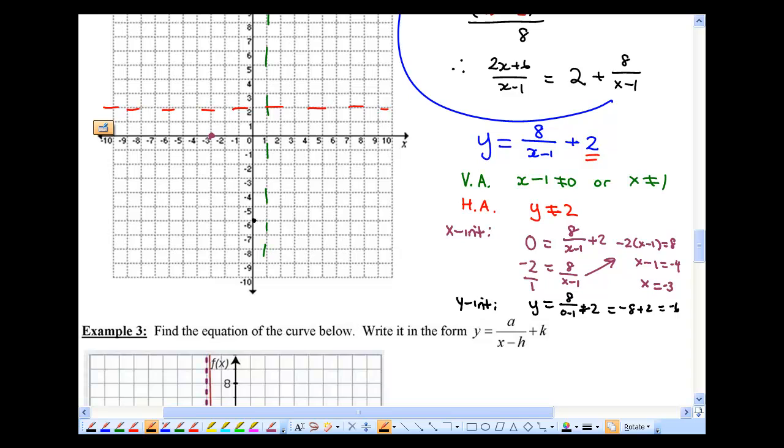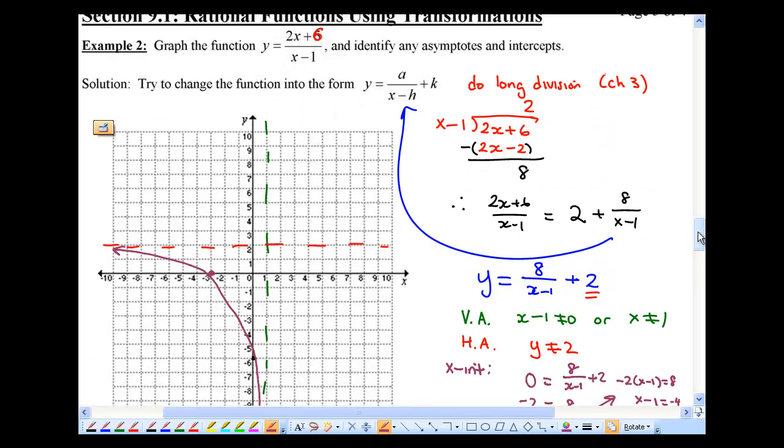So I guess there's a dot here, and I can already guess what the graph looks like over here. Going through negative 6, crossing at negative 3, getting close to the horizontal asymptote at 2. And the other side, probably the same idea. Let me move up a little bit. Okay, something like this.